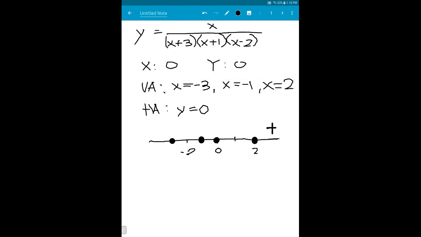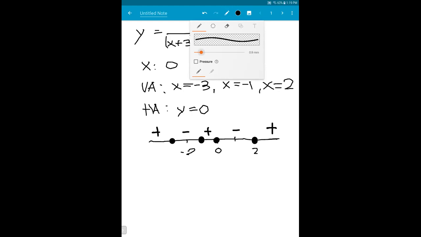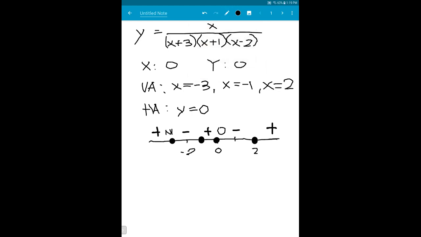From right to left, positive, negative, positive, negative, positive. We have 0 at 0 and ND elsewhere.